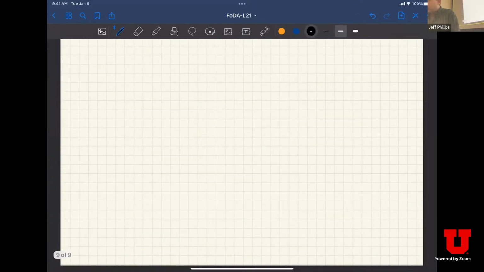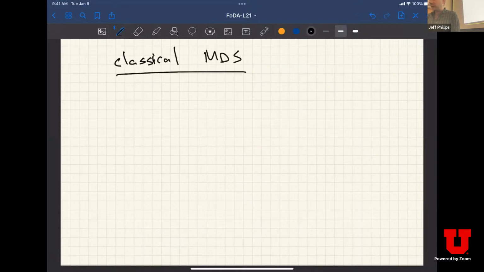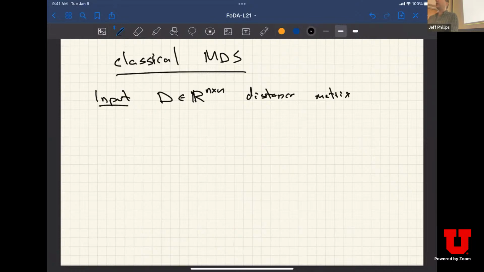Okay, so classical MDS is what we're going to do. This is the algorithm, and the input here we'll just say is D, which is n by n, the distance matrix. The output is going to be the embedding.